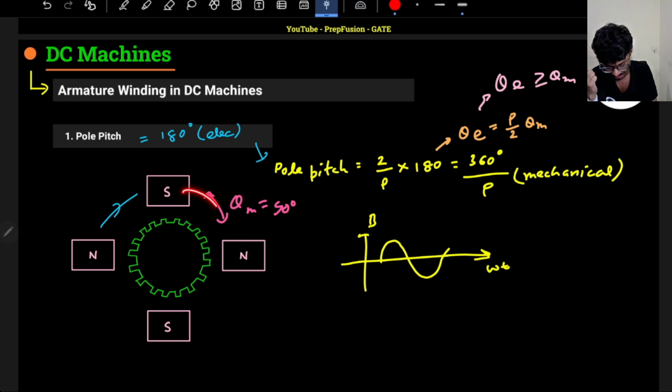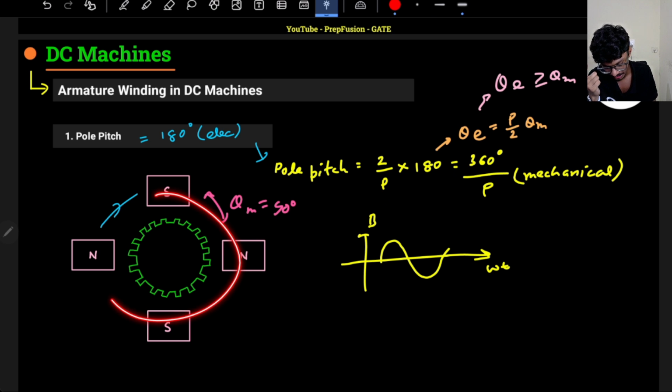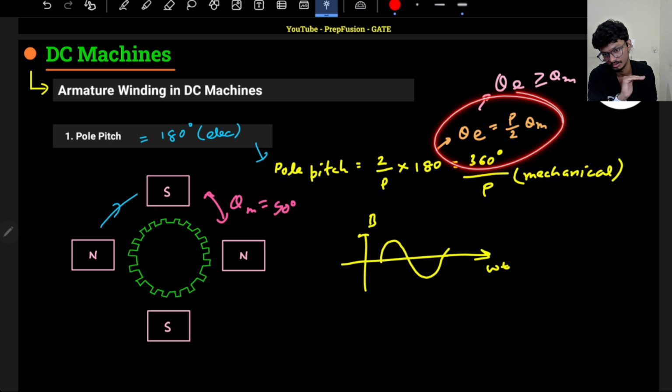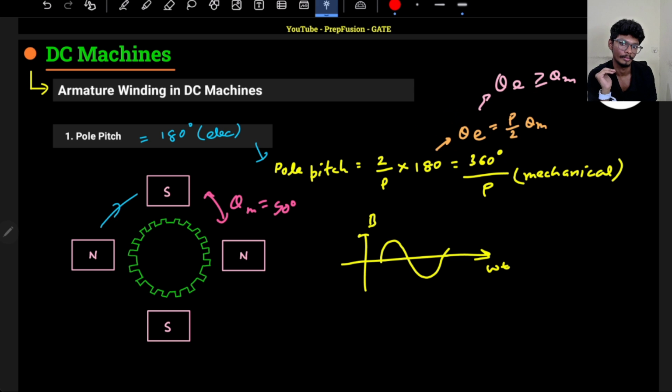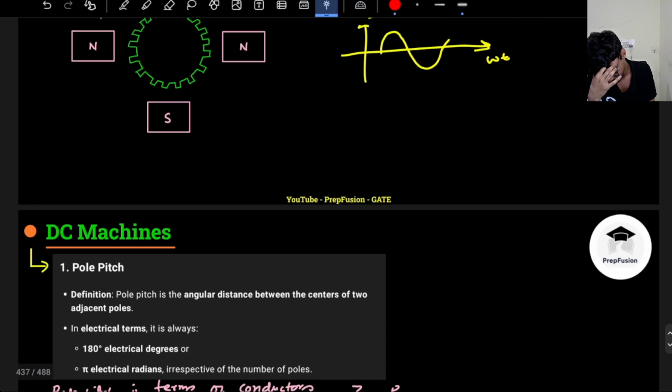I can easily observe it is 90 degree, right? So if I use this formula, can I find theta? Theta will be number of poles, 4, by 2, into theta m, that is 90, which gives 180. So whatever you do, you will always get theta to be equal to 180 no matter what. I hope you have understood.